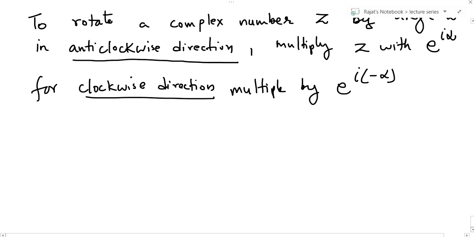Let's see some illustration. Let me just tell you one more thing.